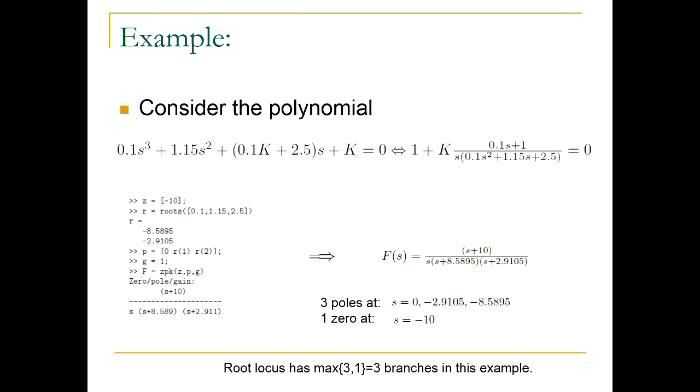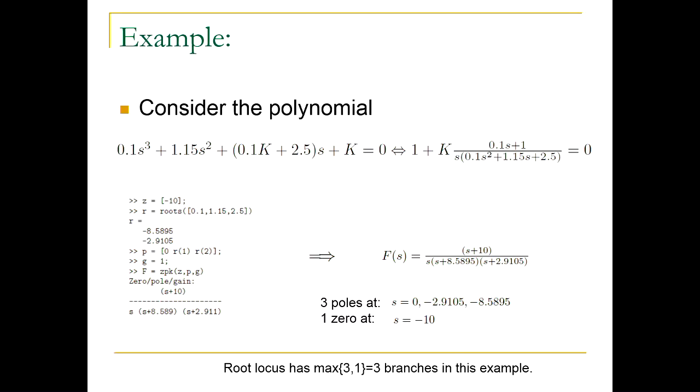Just using these commands in MATLAB, we can arrive at this. So this is the transfer function that you are dealing with in this example. The poles are then at 0, minus 2.91, minus 8.5. So how many branches do we have in this case? Three, because there are 3 poles and 1 zero, the maximum of 3 and 1 is 3, so there are 3 branches.